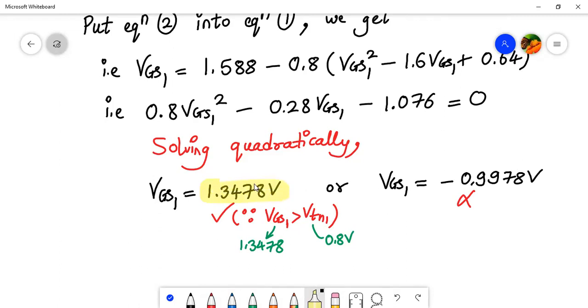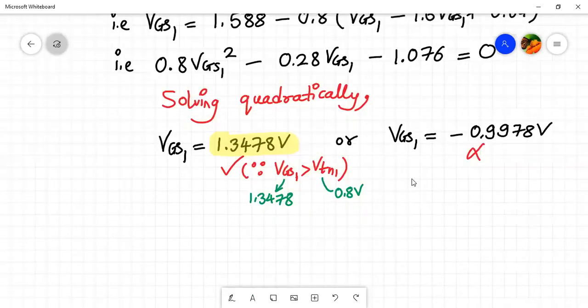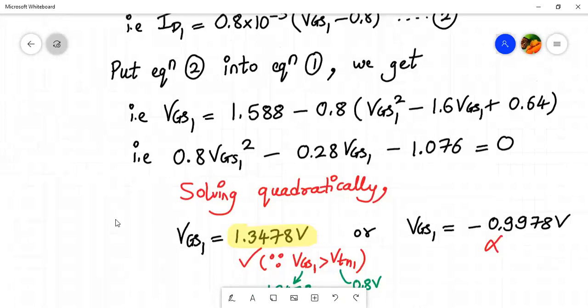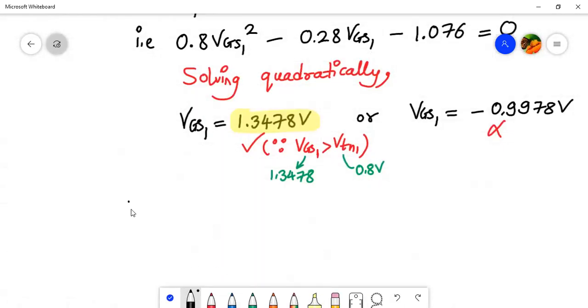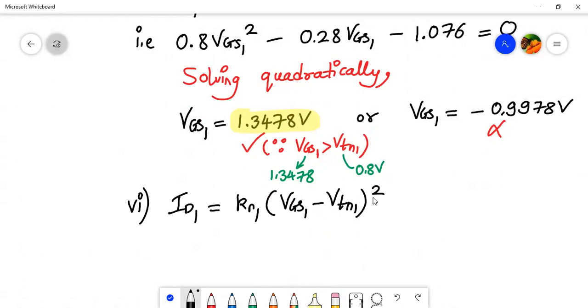All right. Now we got the value of VGS1. Now we can find the value of ID1. Okay, so this is step number 7. ID1 will be given by KN1 times VGS1 minus VTN1 the whole square.